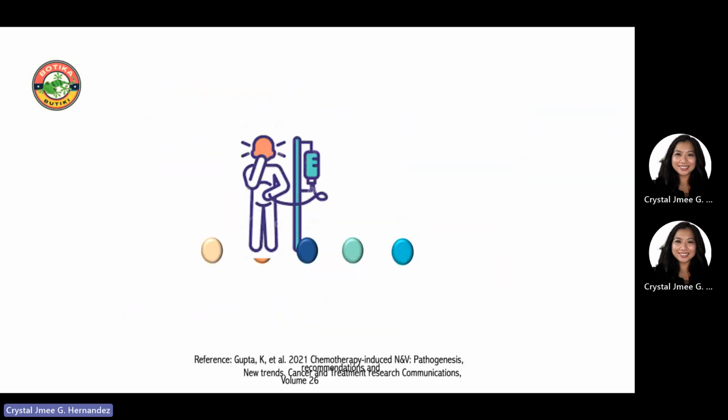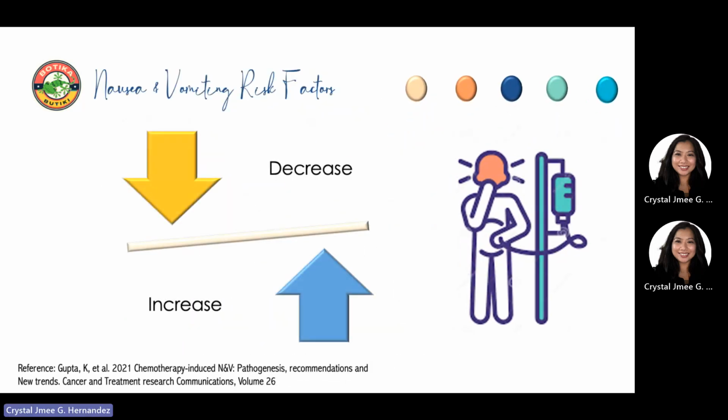And then, of course, there are risk factors to CINV. Factors that increase the occurrence of CINV would be, of course, if the patient had vomiting during a previous chemotherapy cycle, and the type of chemotherapy drugs administered.